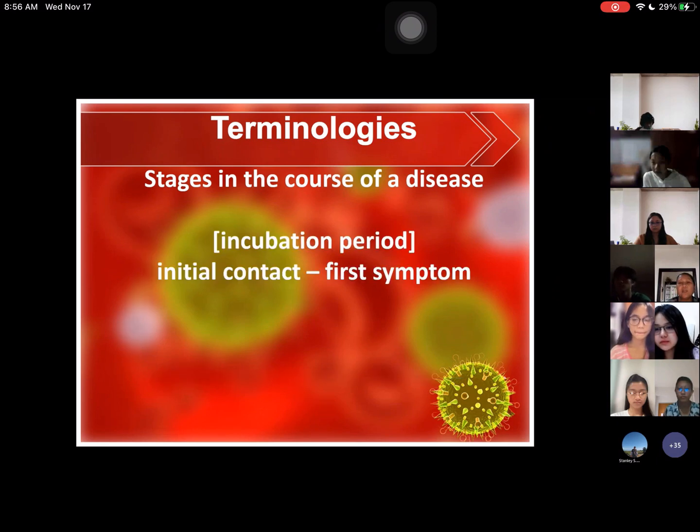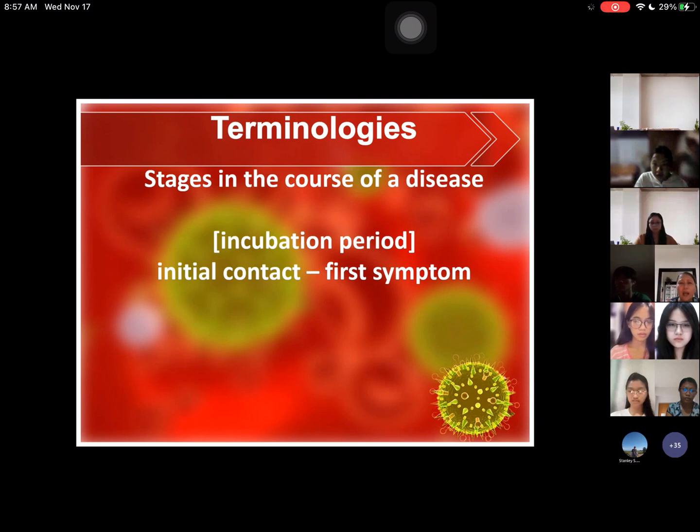Okay. First will be the incubation period. The incubation period is the period from the initial contact until the beginning of the first symptom. Okay. So there is a reason why it depends. The incubation period depends upon the following. For example, the characteristic of the pathogen.